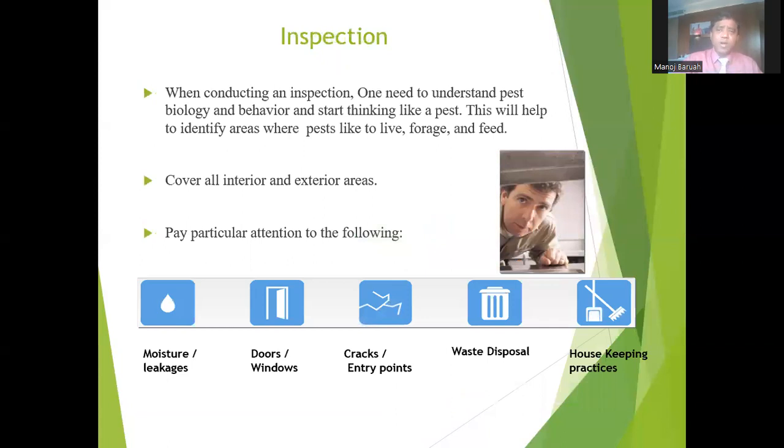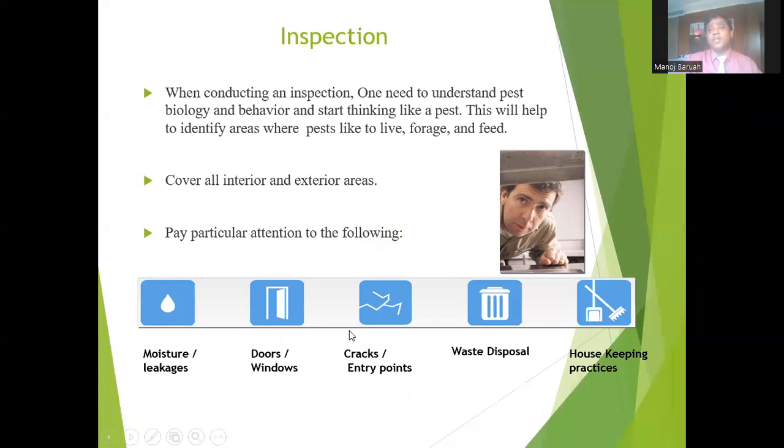Now, what are the things we need to focus on during inspections? See, moisture, water is a universal requirement of all. Any pest or any human being or any living organism needs moisture. So we need to find out the source of water, then entry points, any kind of entry points.